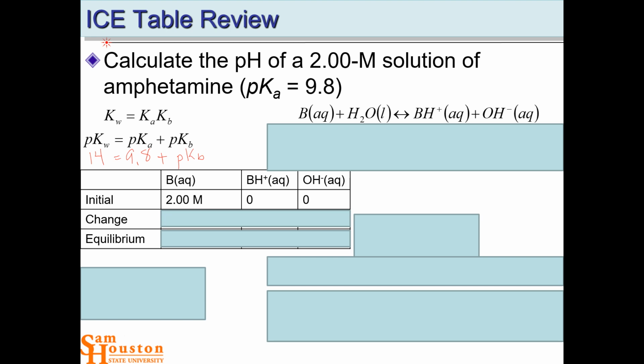And so you just subtract 9.8 from 14 and you get the pKb. And then if you want to know what Kb is, then Kb is 10 to the minus pKb. So that's the antilog.